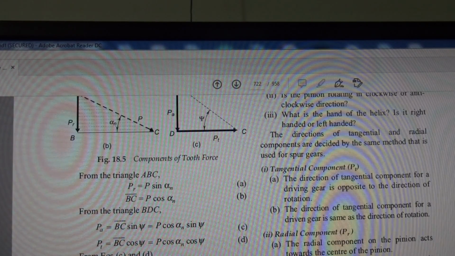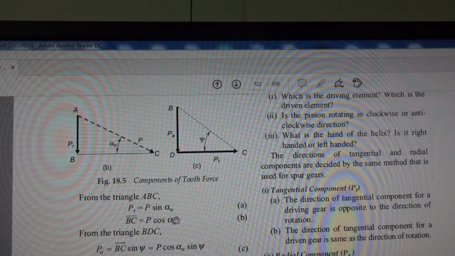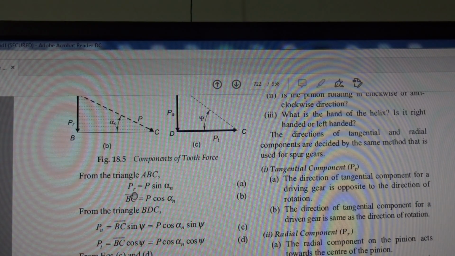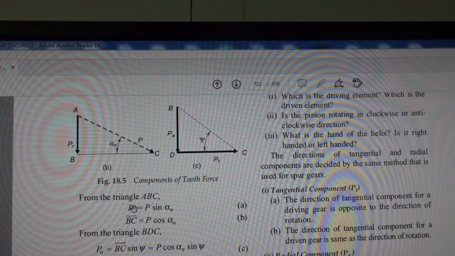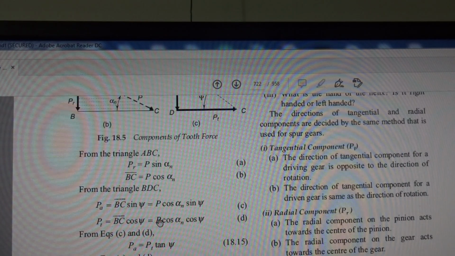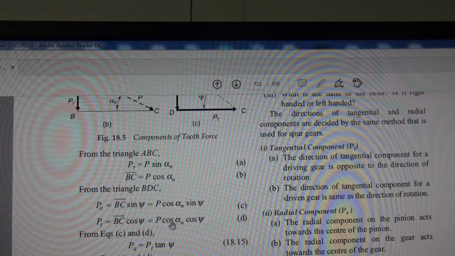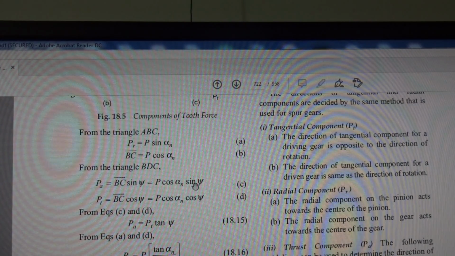Now you know the property of the triangle. PR is equal to P sin alpha n, BC is equal to P cos alpha n, and PA is equal to BC sin psi, and BC is already obtained as P cos alpha n. So PA is equal to P cos alpha n sin psi.